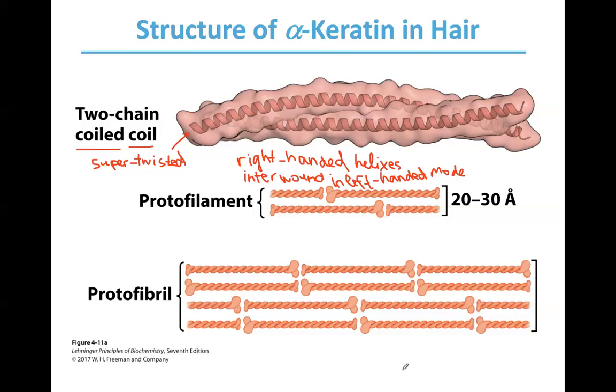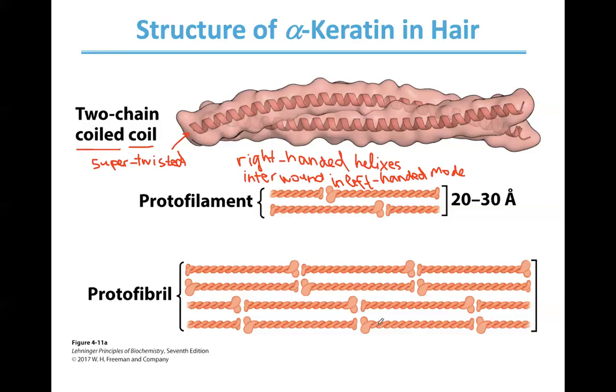So intermediate filaments are components which are responsible for the strength of the hair, but they are also responsible, for example, for the cellular cytoskeleton, right? So remember I told you that in the cells there are 3 different types of structural components. There is actin cytoskeleton, there are microtubules, and there are intermediate filaments, right?